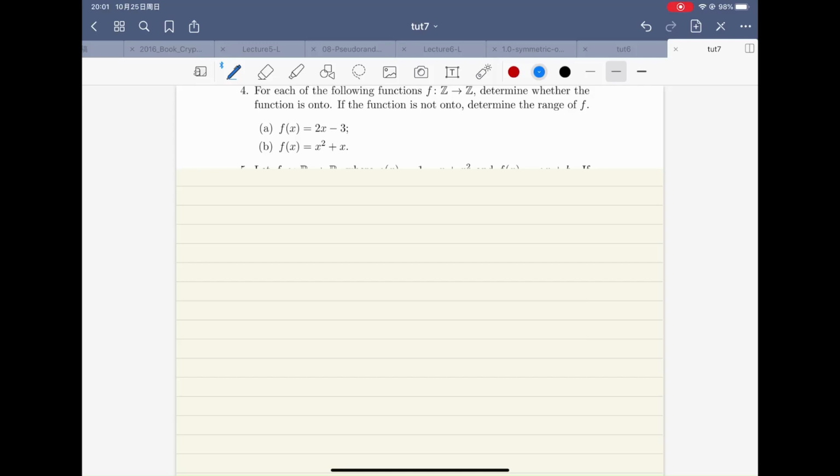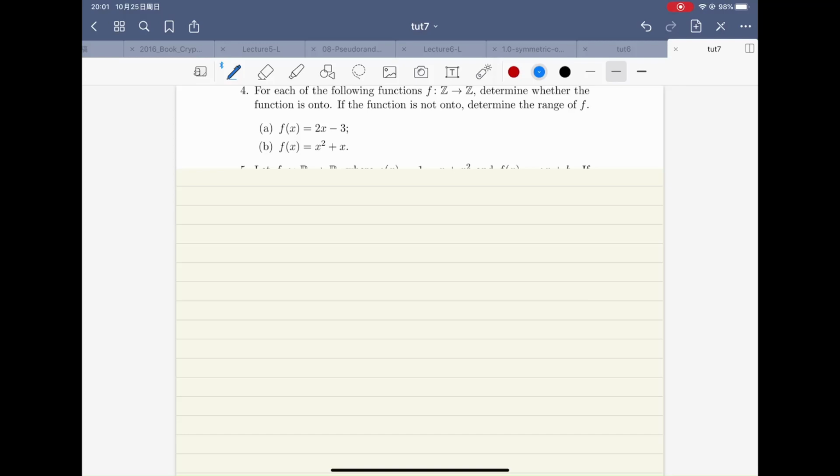It's different from one-to-one, right? One-to-one means no two different elements in the domain can map to the same value in the range. But onto means if you pick any value in the range, you can find a value in the domain that maps to it.